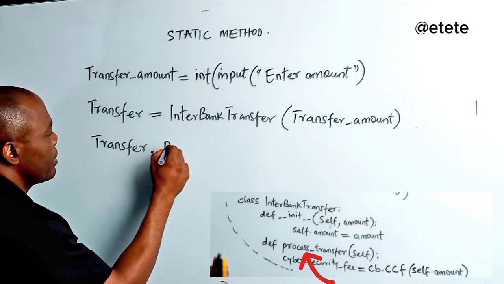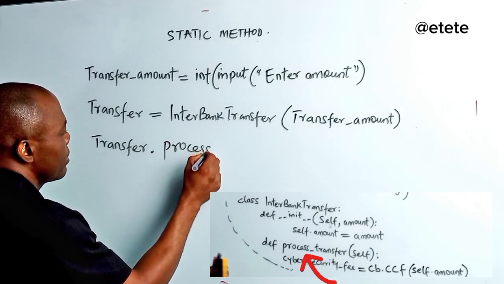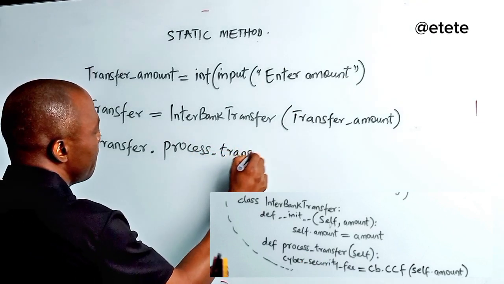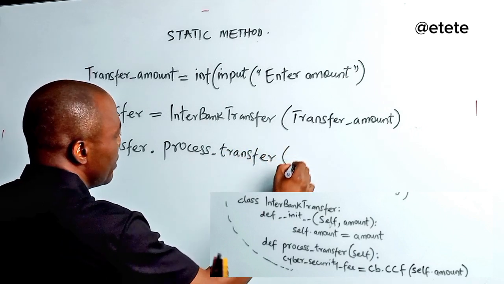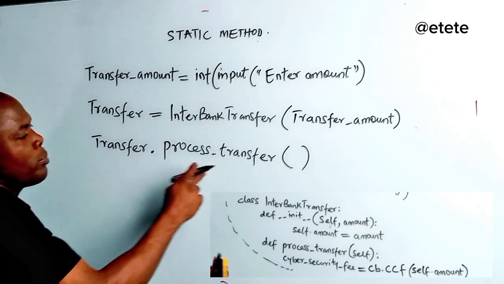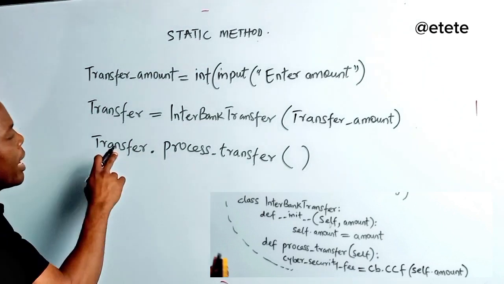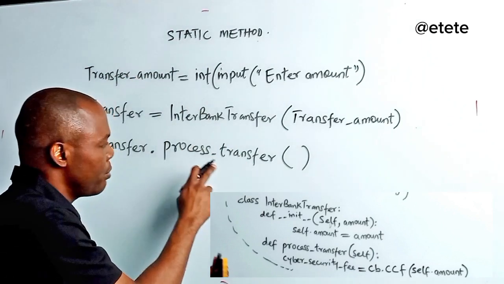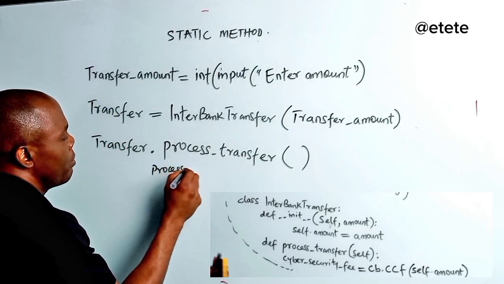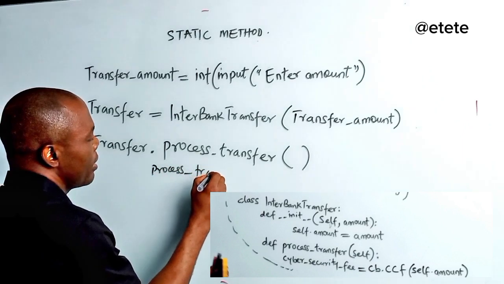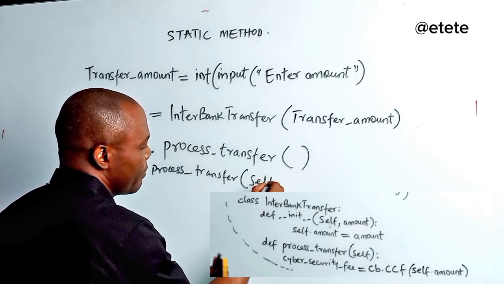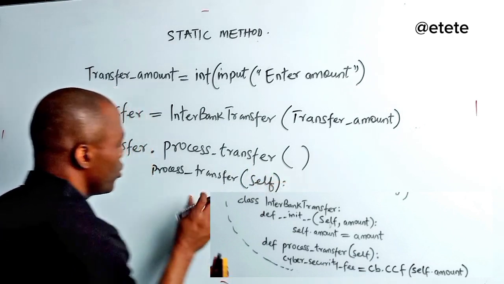So, process_transfer method. It's going to call it. So once you do transfer.process_transfer, it will go in, and this transfer will be given to self, because this process_transfer was expecting self. And then you go in.